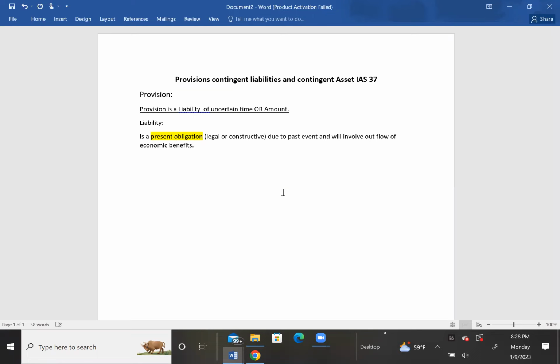So that means for a provision, there must be a present obligation. That is a prerequisite. And that present obligation is obviously due to a past event. For every obligation, there must be a past event. Without a past event, there can't be any obligation. So there will be a present obligation due to a past event, and as a result, there will be an outflow of economic benefit. That is the definition of liability, and provision is a liability. So the provision should also fulfill the definition of the liability if we want to record a provision.